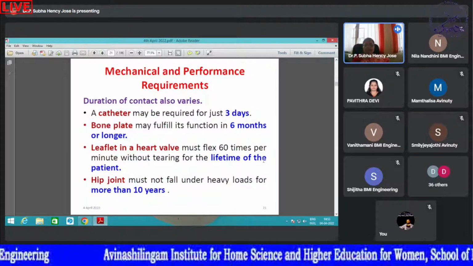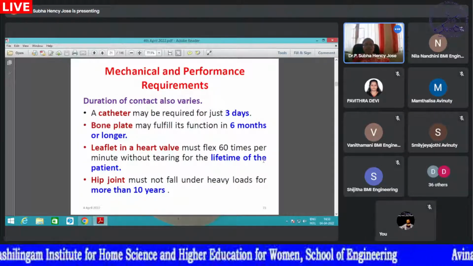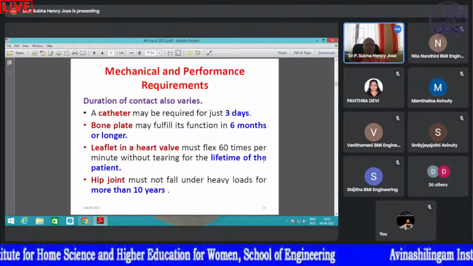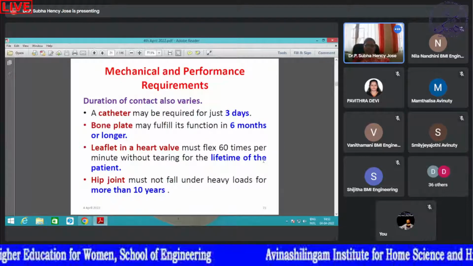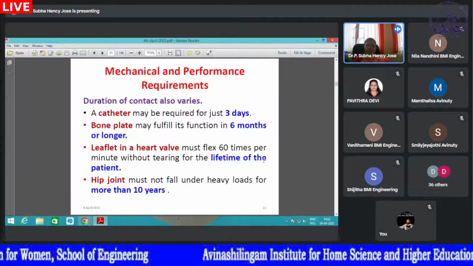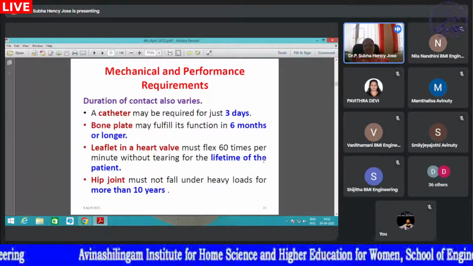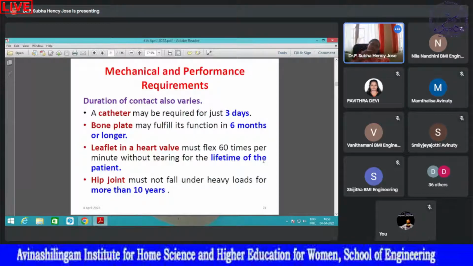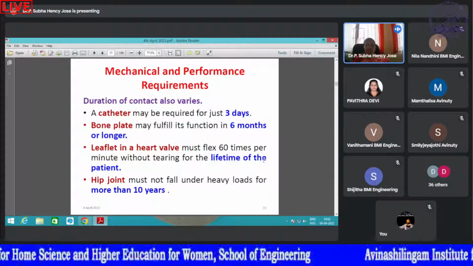Another important requirement is duration of contact. We know that a catheter may be required for just 3 days, and a bone plate requires 6 months or longer. And the leaflet in a heart valve, when you want to replace the heart valve, should be flexible, and it should open and close many times.